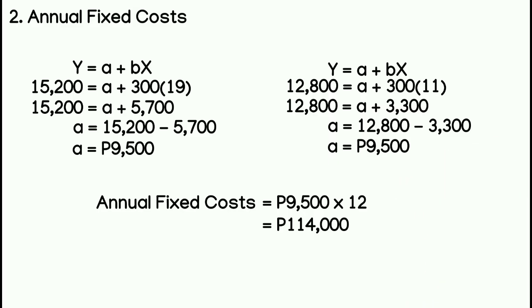Of course, that 9,500 is the monthly fixed cost. Kailangan pa rin natin yang i-multiply sa 12 months. 9,500 times 12 months, that is equal to 114,000 pesos. And that 114,000 pesos is the annual fixed costs.